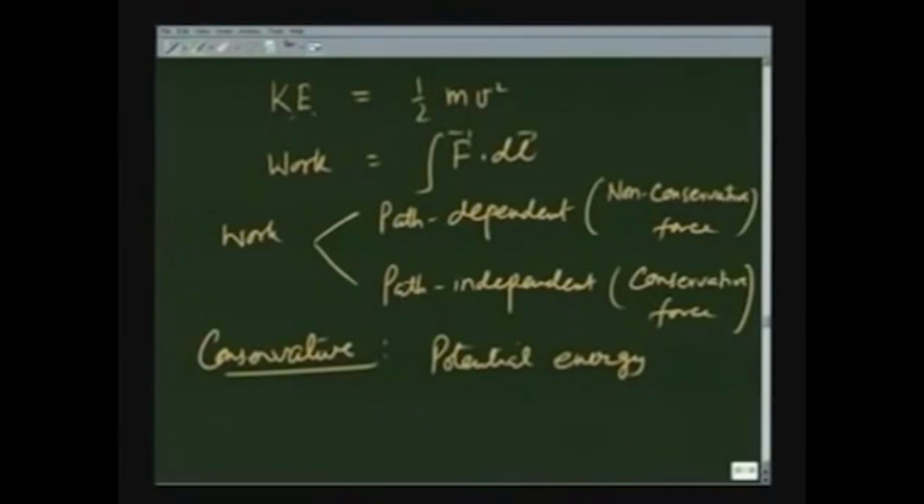Actually, I should really say it is the difference in potential energy, which is defined as U(R2) minus U(R1) equal to the integral of F dot dl between 1 and 2, and we saw that the change in the potential energy at a position is equal to minus F at that point dotted with dl.